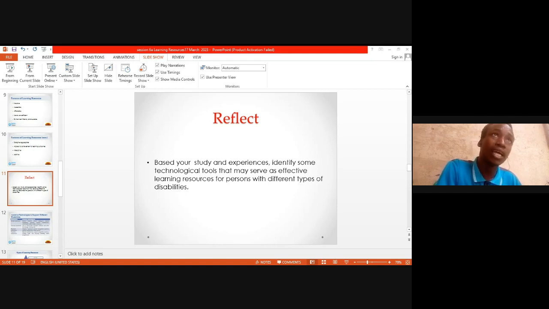In case a student has partial deafness, there is a hearing aid device that student can wear on his ear that will amplify whatever you are saying so that the person can hear you clearly. So they usually run tests on the deaf student to know if they have partial deafness or complete deafness before they recommend such a device to assist them in learning.